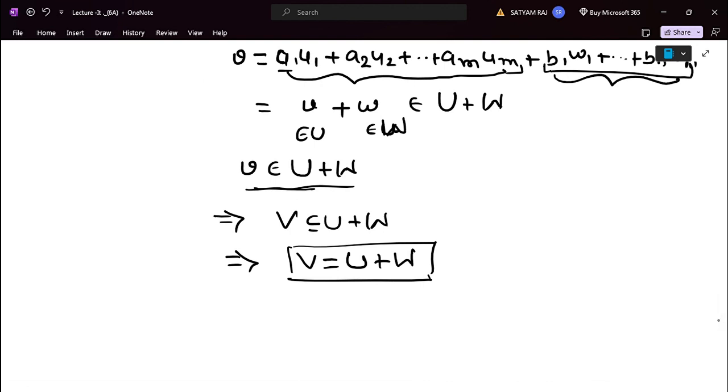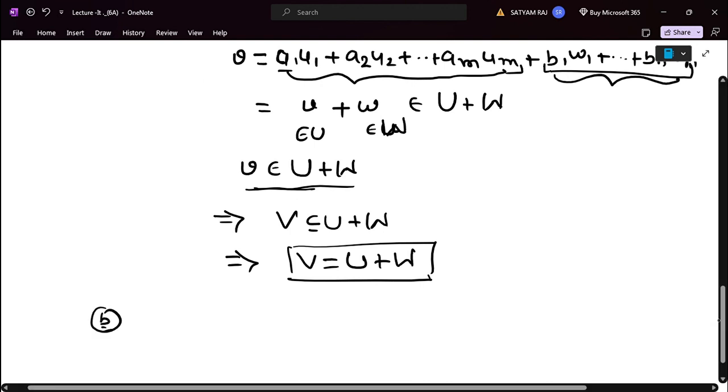Okay, now what do we need to prove? Secondly, that U intersection W should only contain the zero vector.